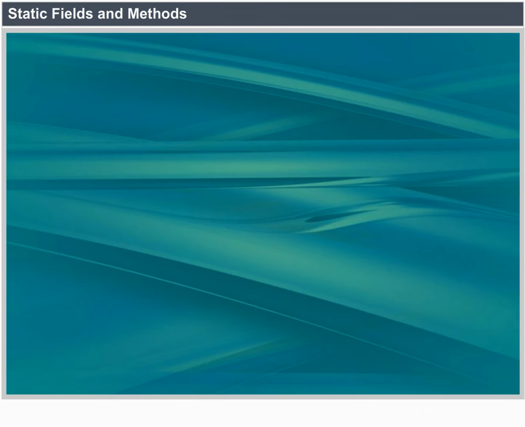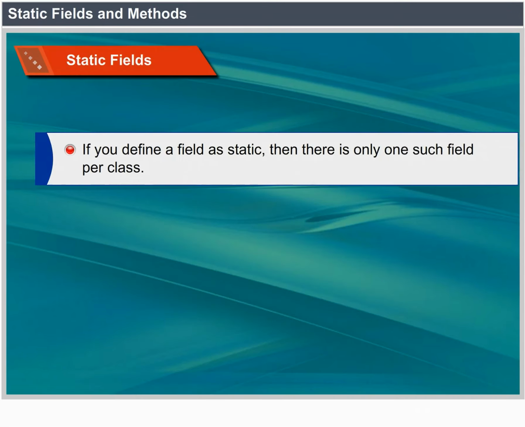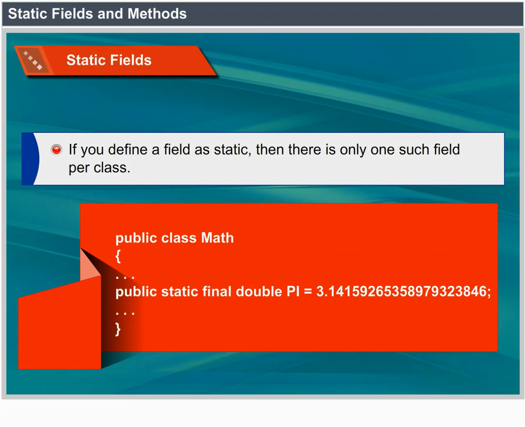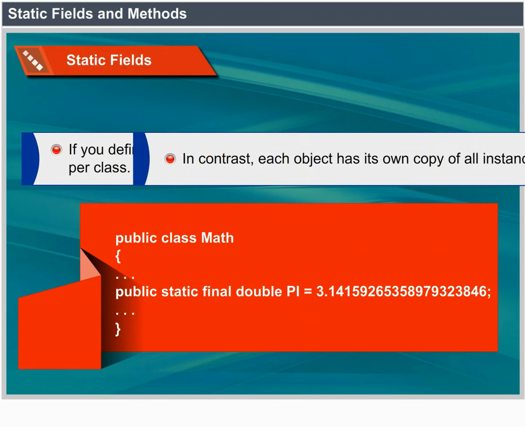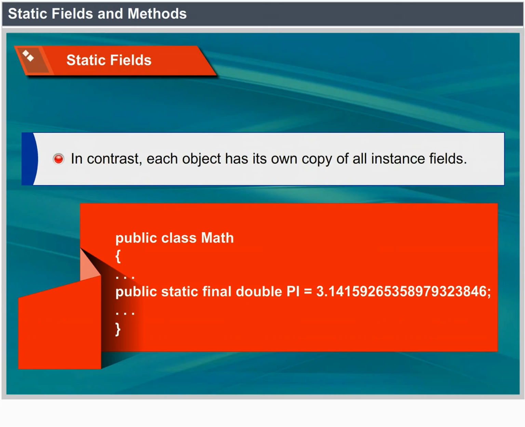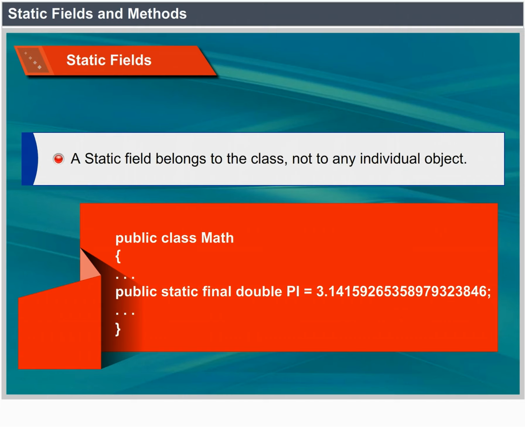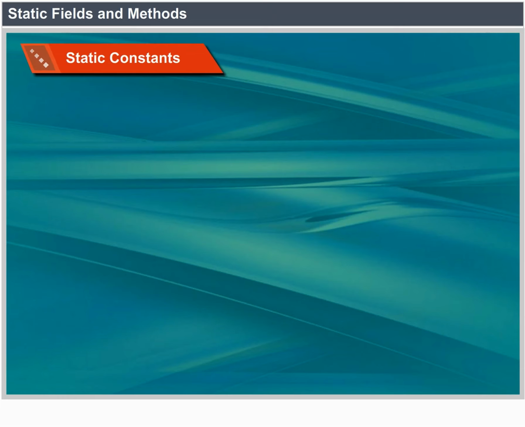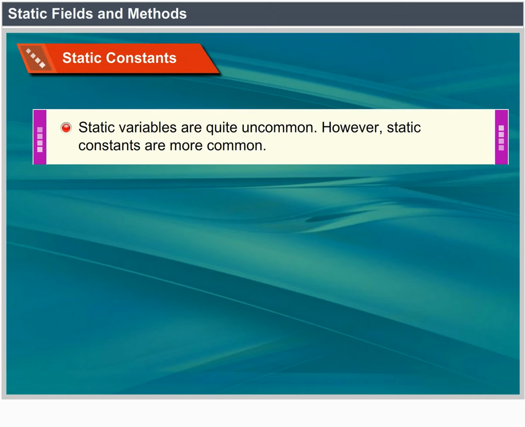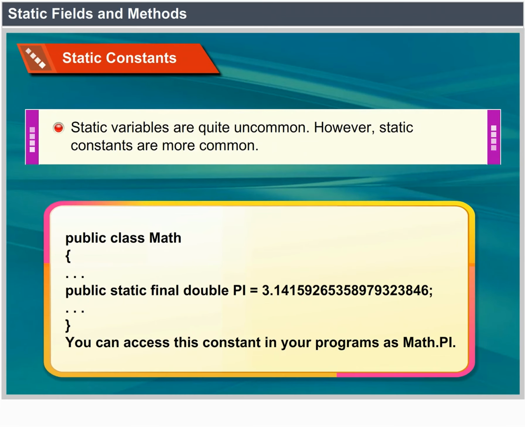Static fields and methods. Static fields. If you define a field as static, then there is only one such field per class. In contrast, each object has its own copy of all instance fields. A static field belongs to the class, not to any individual object. Static constants. Static variables are quite uncommon.